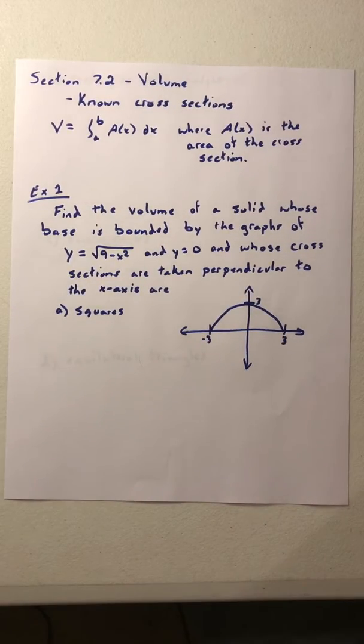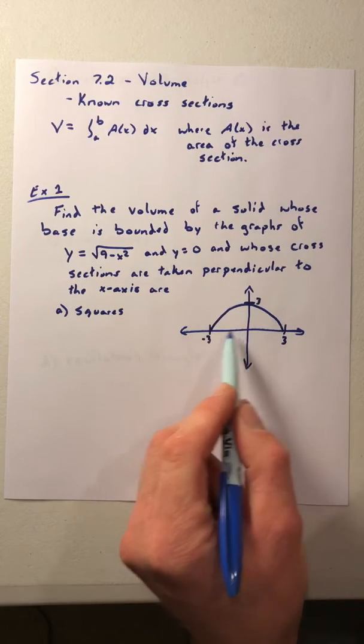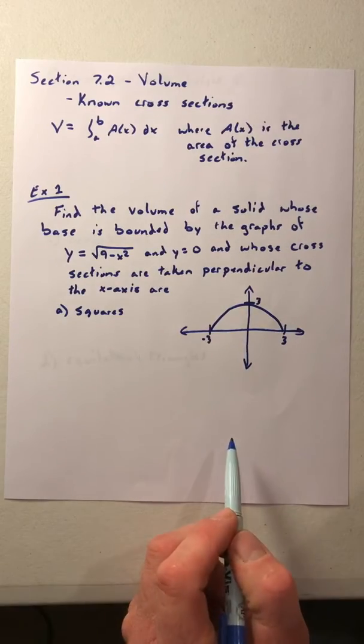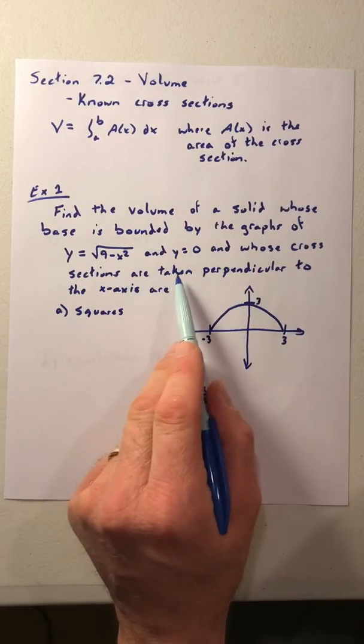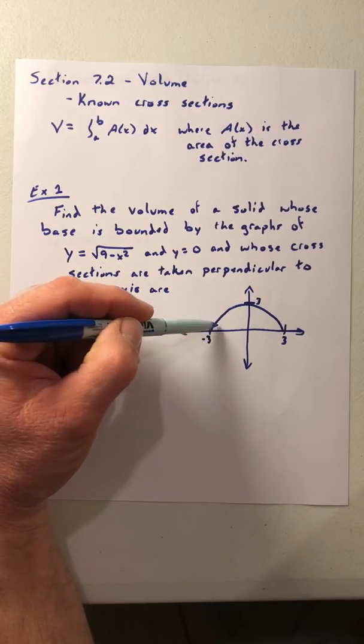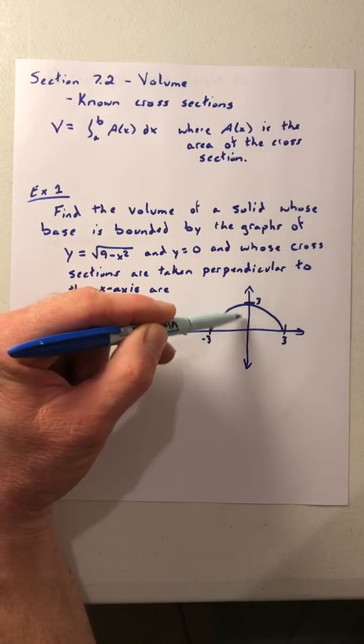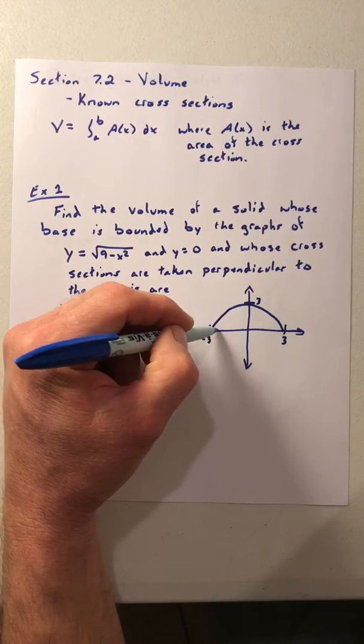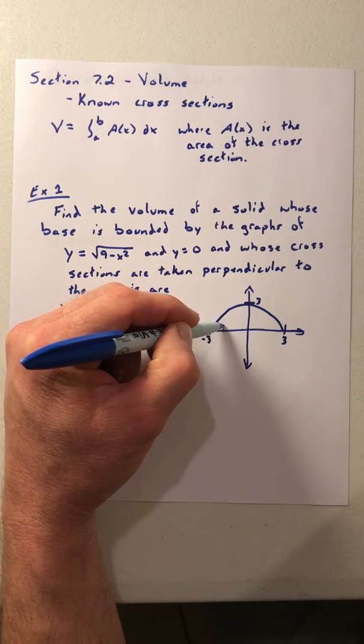Some of those may be important as we get into it, others may not. And then y equals 0 is going to be the x-axis, whose cross-sections are then taken perpendicular to the x-axis. So we know that we're going perpendicular to the x-axis, so we're going up and down to create our figure.